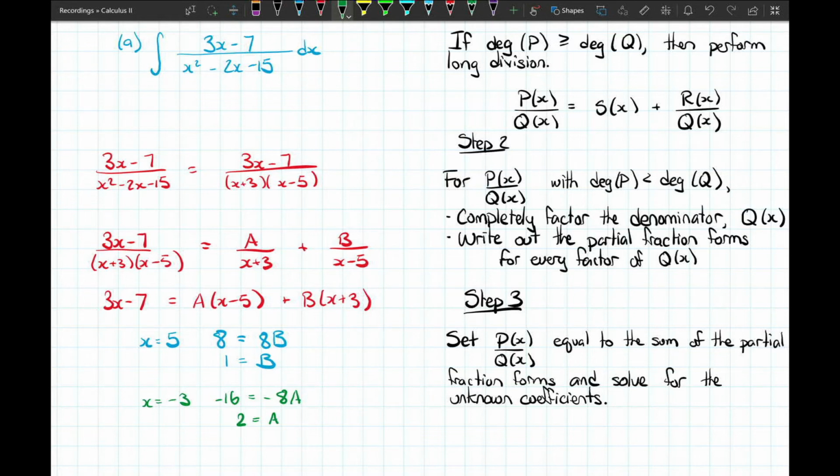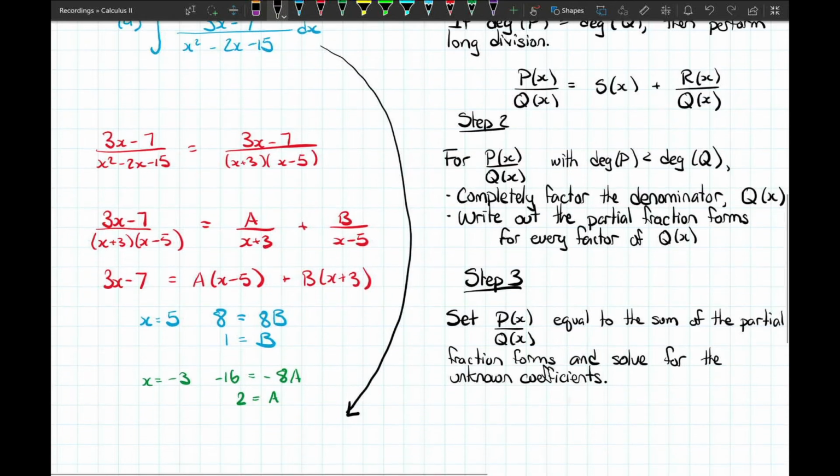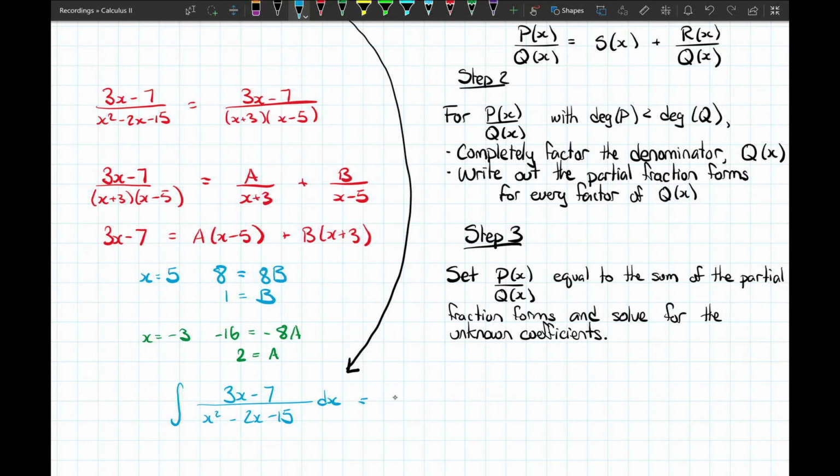Now that we've got a and b, we've really completed the method of partial fraction decomposition, but we haven't even started our integration yet. We have to come back to the original integral and split it up into partial fractions and integrate each of them individually. Our original integral now becomes an integral of a over x plus 3 and a second integral of 1 over x minus 5.